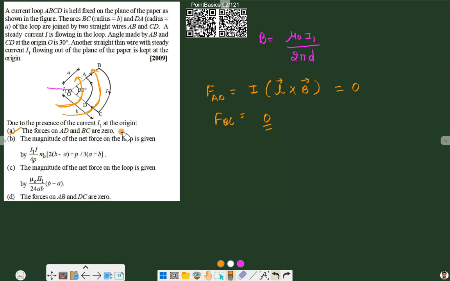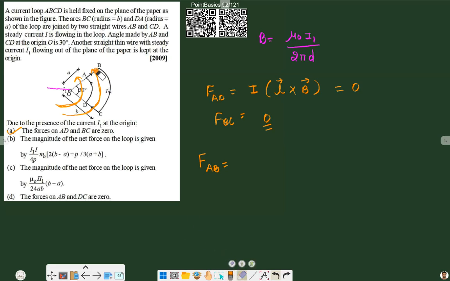Now let's see statement D, that forces on AB and DC are 0. Let's find out the force on AB. From point A to B, the magnetic field is variable, and the direction of current and magnetic field are perpendicular to each other.